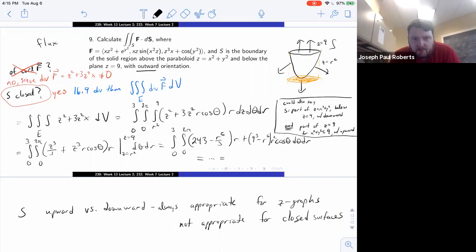So we're left with 2 pi times the r antiderivative of this stuff here after you do the theta integration. And so you're going to get 243 r squared over 2 minus r to the 8th over 24, between 0 and 3.